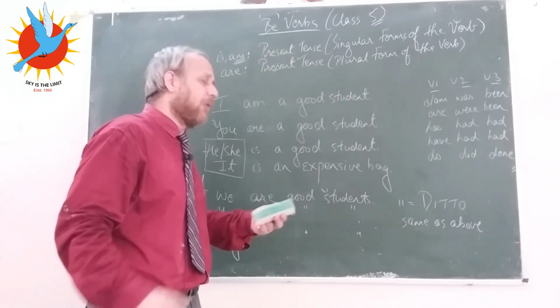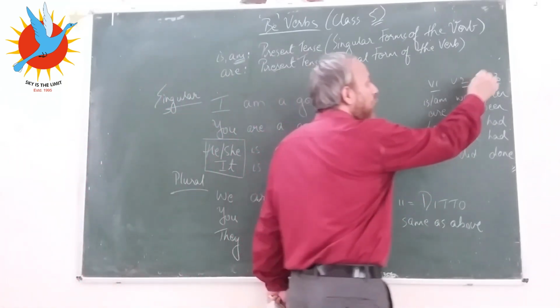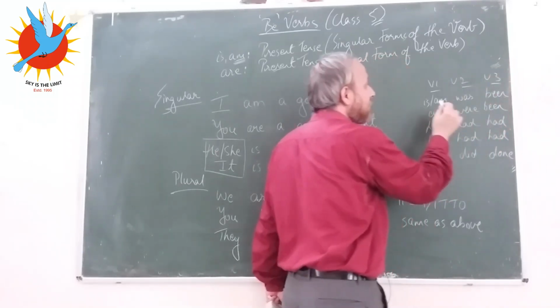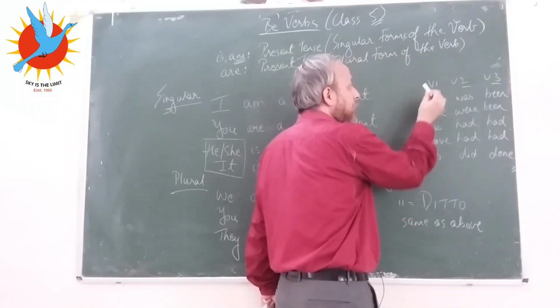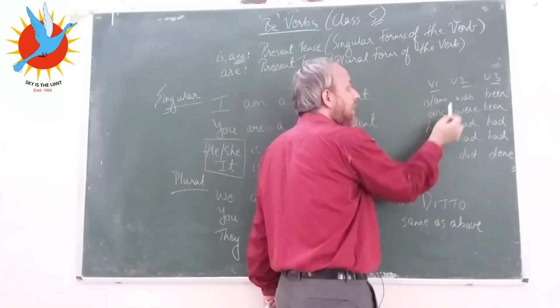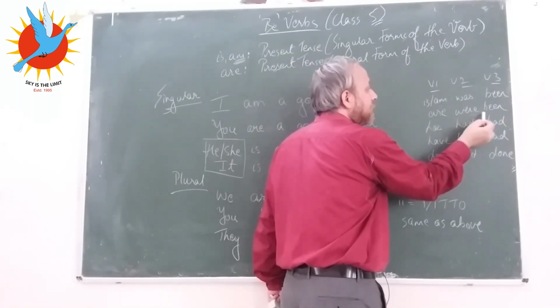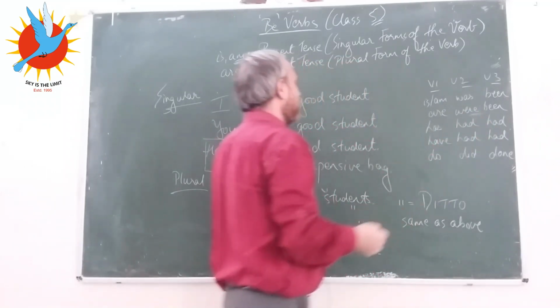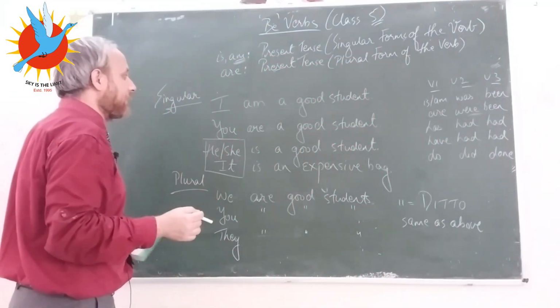Let's not bother about verb 3 right now. Just focus on verb 1 and verb 2. If verb 1 is is and am, verb 2 will become was. If verb 1 is are, verb 2 is were. So do remember this.